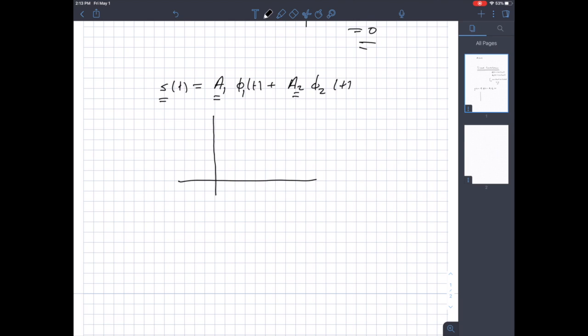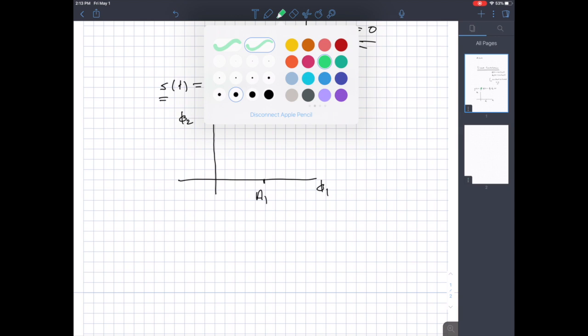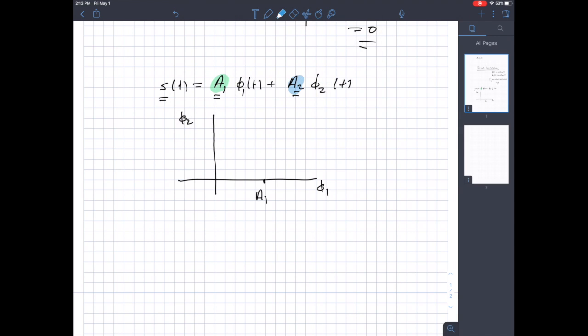Here's the constants A1 and A2 in what you would call basis function space, or signal space is what some people call it. So along the phi1 axis, I would have an amplitude, okay, amplitude A1. All right, so maybe here's A1. And then on the phi2 axis, I could have A2.